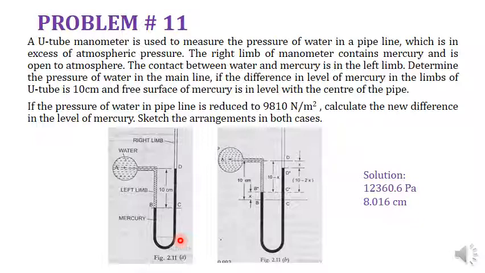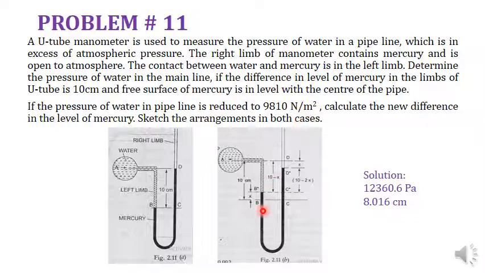But the second case involves certain calculations: whatever pressure you calculated for the first system, you need to reduce this pressure to 9810 Newton per meter square.